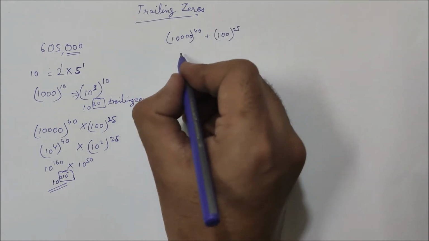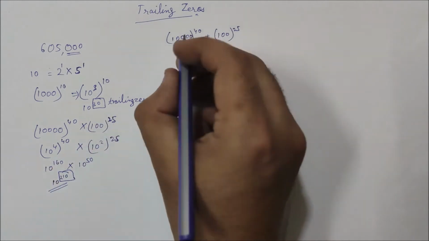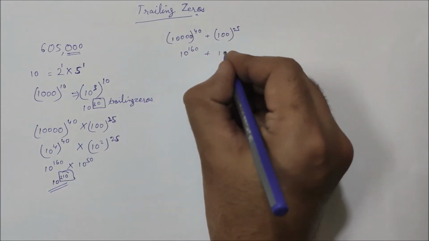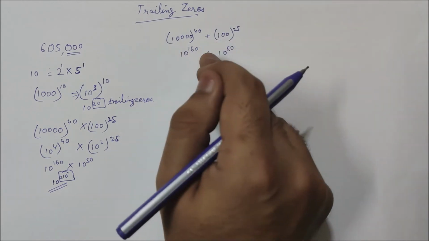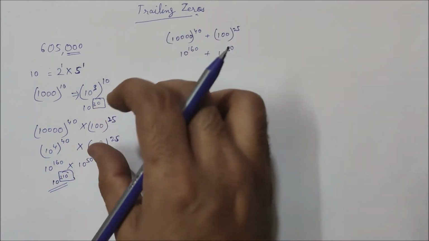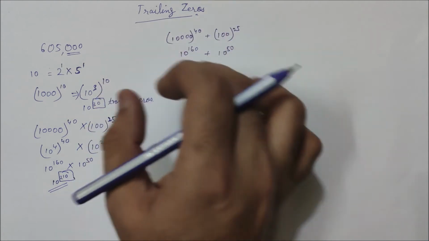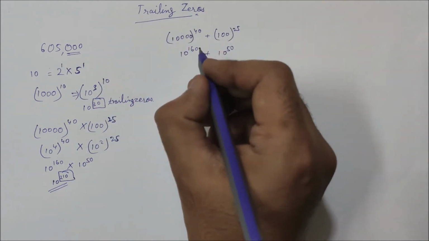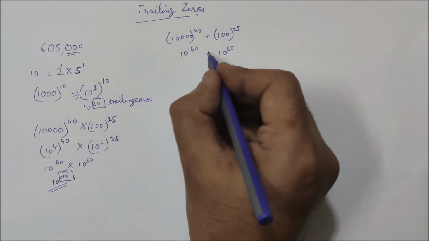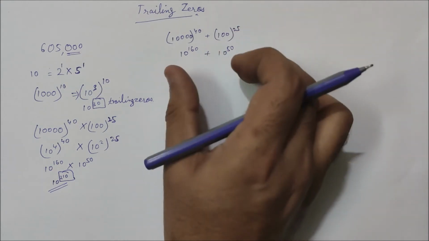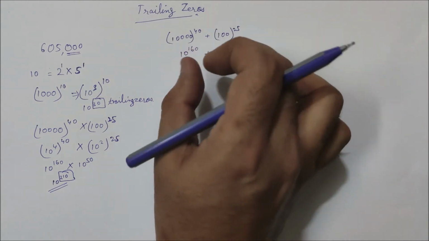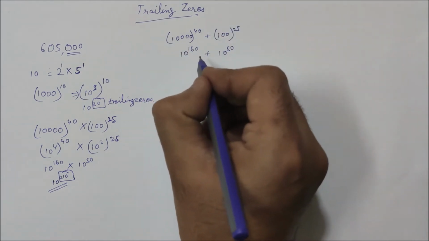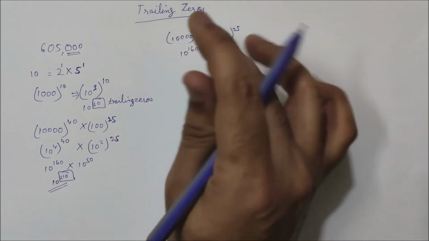Now if I do this again, I'll get 10 to the power 160 plus 10 to the power 50. I hope you get that. It's the same process that we did here. I've just copied it from this side so that we don't have to waste another couple of minutes doing the calculation. Now, since it's in addition, I can't simply add the powers, because there is no such rule of indices that when the bases are the same and they are in addition, we can add or multiply the powers.